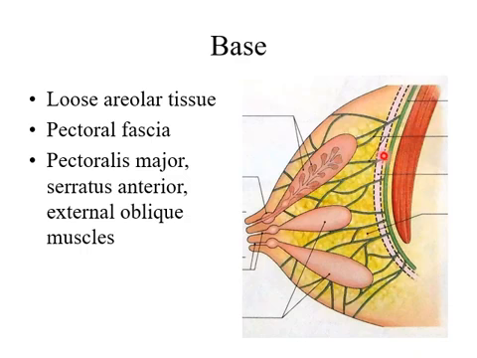So the mammary gland rests on these structures: the loose areolar tissue, pectoral fascia, pectoralis major, pectoralis minor, serratus anterior and external oblique muscles. The apex of the mammary gland is directed forward, it is pointed, and the one extension from the upper lateral quadrant is the axillary tail of Spence.